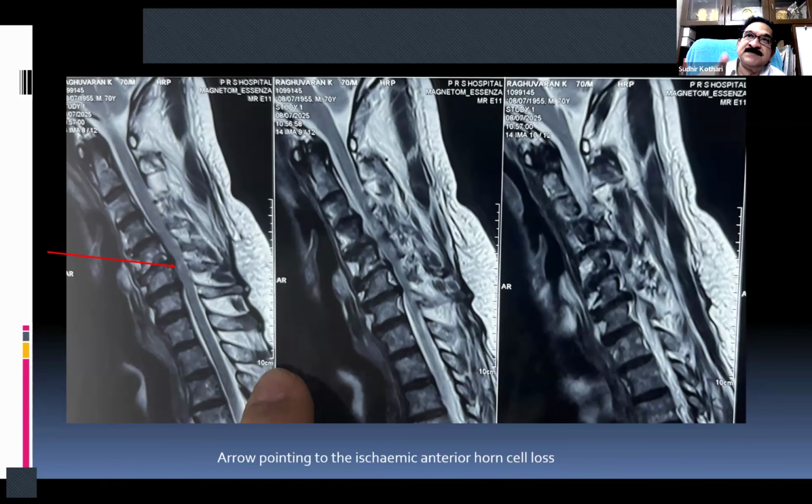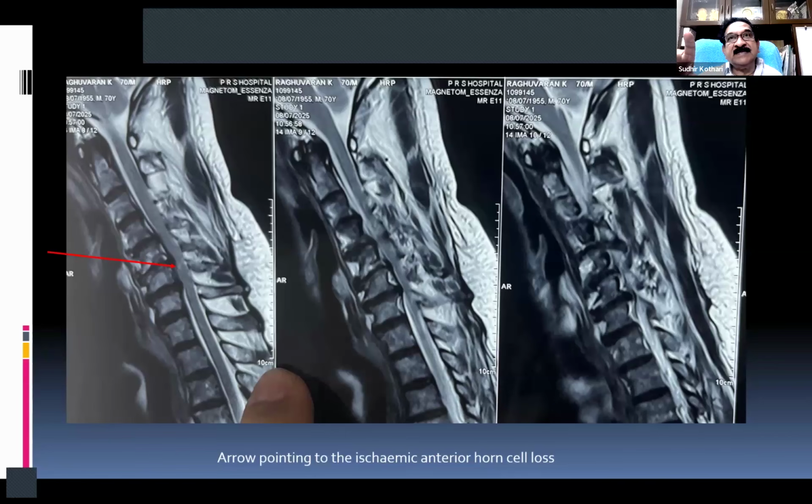See, flexion extension film is required for the disc also. Sometimes you find the disc bulge may be small, and you may think that, oh, that is not going to cause any problem. Your cord also may be normal in the neutral position. You have to do not only the flexed position, but also the extended position. Sometimes the posterior osteophytes or the apophyseal joint, just like the previous case I showed you, if you do the extension, the compression will be more.